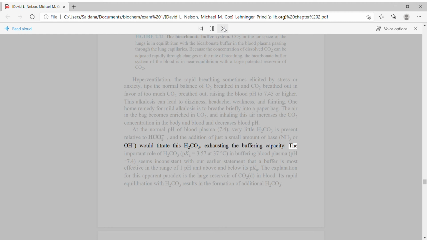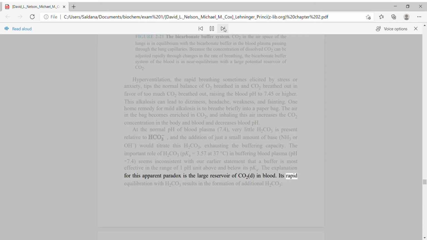The important role of H2CO3, pKa equals 3.57 at 37 degrees Celsius, in buffering blood plasma pH 7.4 seems inconsistent with our earlier statement that a buffer is most effective in the range of 1 pH unit above and below its pKa. The explanation for this apparent paradox is the large reservoir of CO2 in blood.